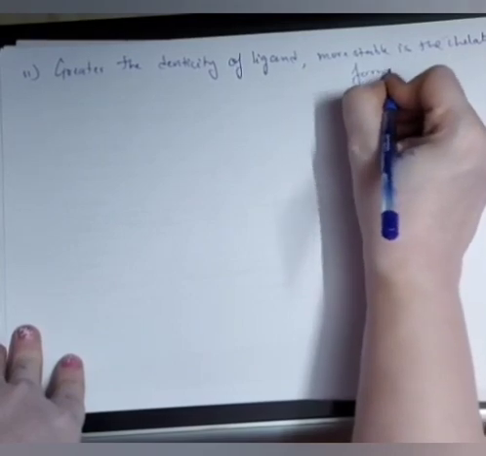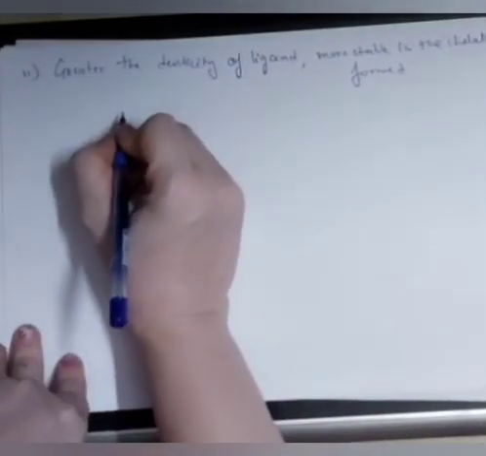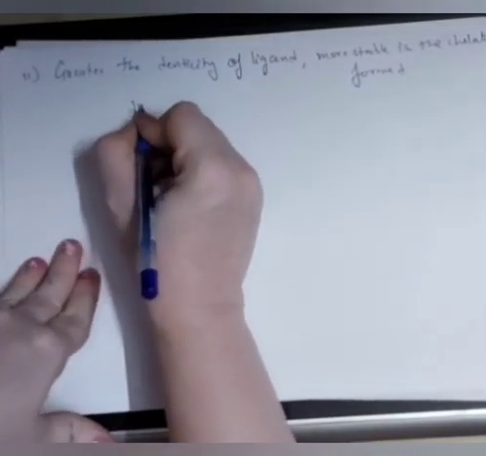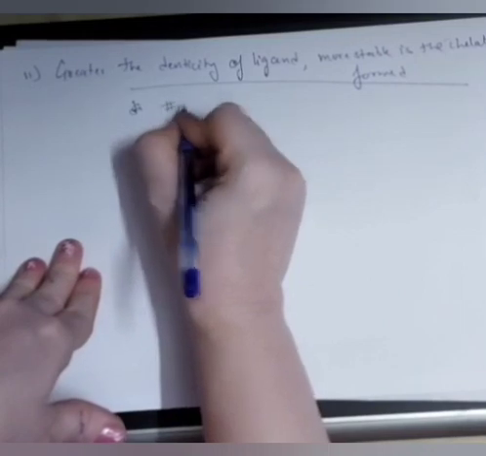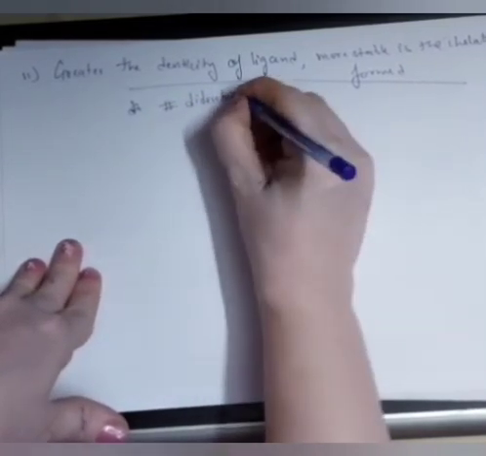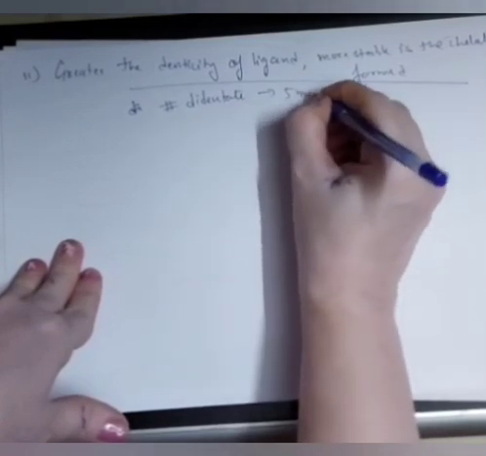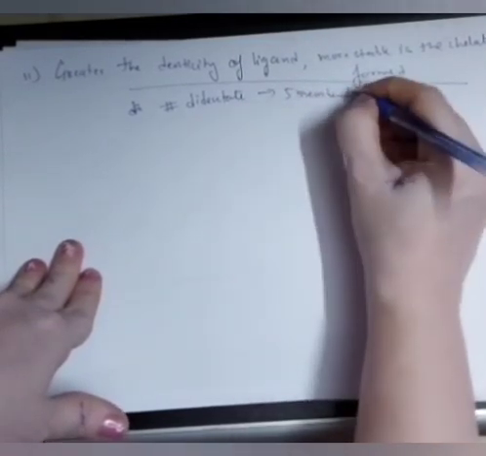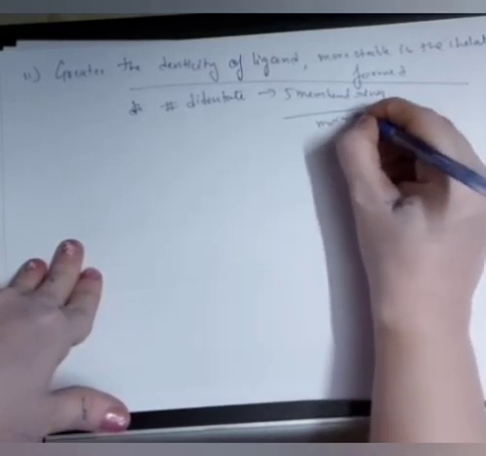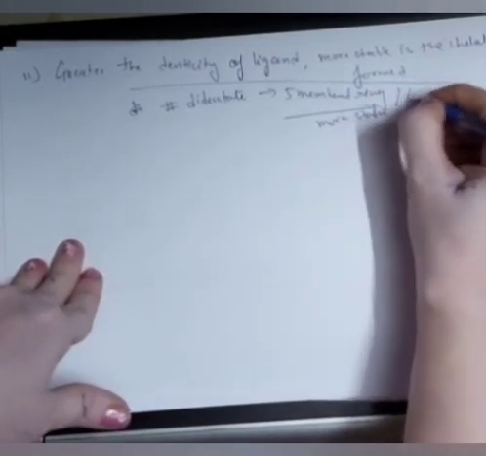It means what? If you are taking didentate, always remember one thing. What I mean to say is, didentate ligands usually form a 5-membered ring, which is more stable, or a 6-membered ring.